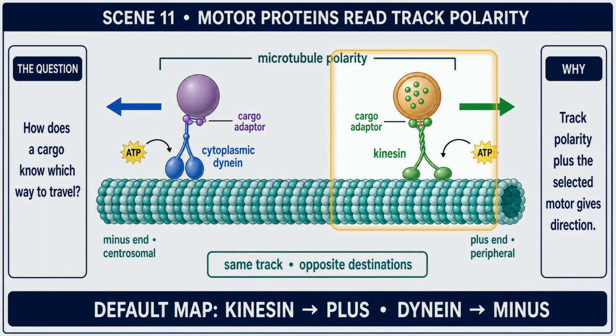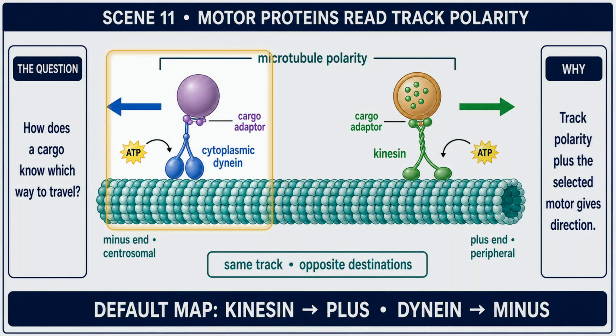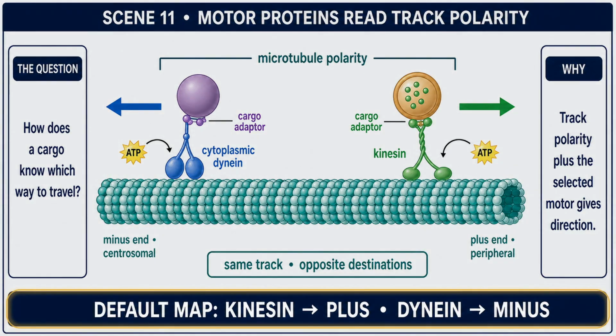Most kinesins move toward the plus end, which usually means outward. Cytoplasmic dynein moves toward the minus end, which usually means inward toward the centrosomal region. That is a useful default map, not an absolute rule for every kinesin in every cell.